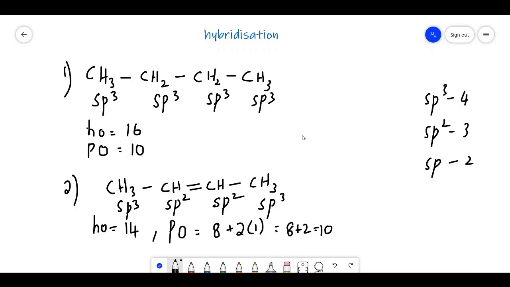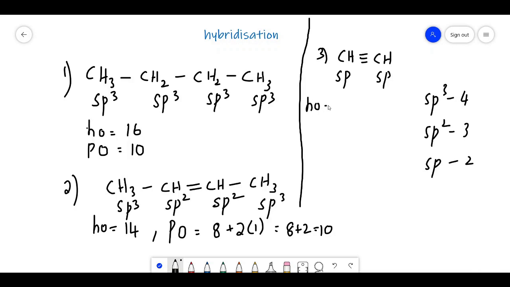Okay. Let us take one more example. CH triple bond CH. In this the hybridization of each CH carbon is sp. The number of hybrid orbitals is 2 plus 2, 4.